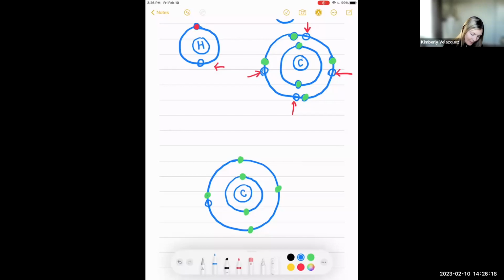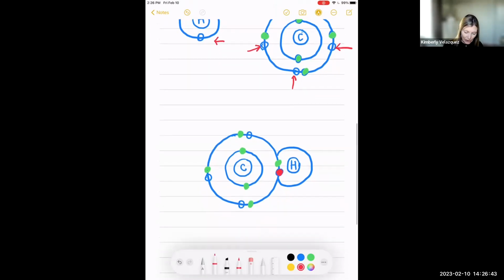That means there are 4 spots out here that still need to get filled for carbon to become stable. And one way it can do that is to share electrons with hydrogen. If this hydrogen comes over and shares its electron with carbon in this spot, now that hydrogen has a full outer shell. And in that spot, carbon has a full outer shell.